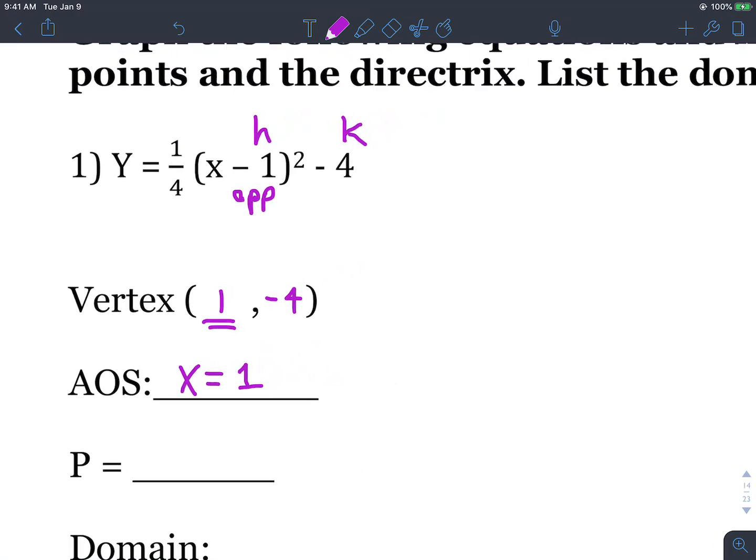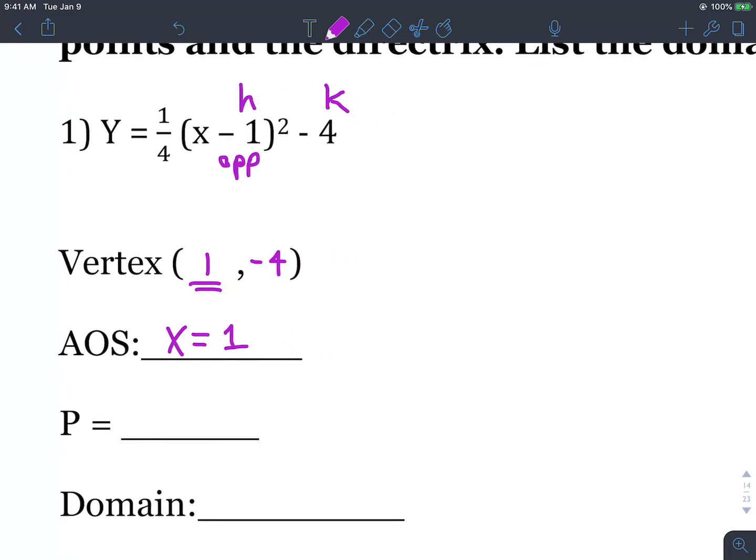And then now to get our p distance right here. So this will be the distance from our vertex to our focus here eventually. And what I'm going to do is use that formula here. We had a equals 1 over 4p. And you can also do the one that's p equals 1 over 4a. They are both the same equation here. But I'm going to use this one here, because in this case, our a is 1/4.